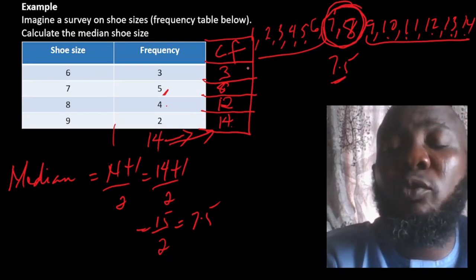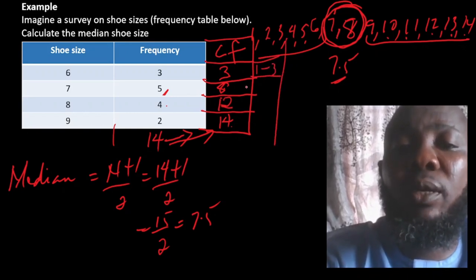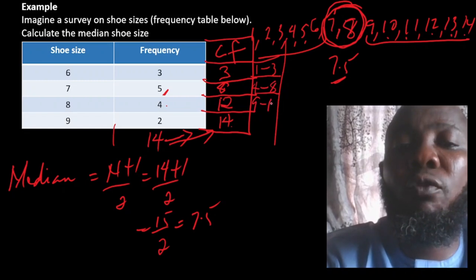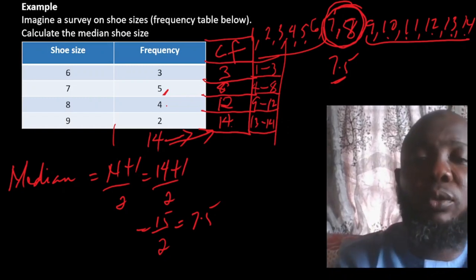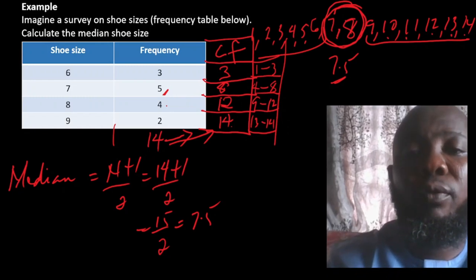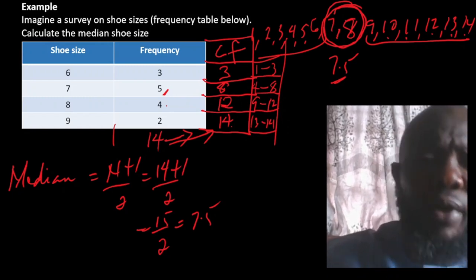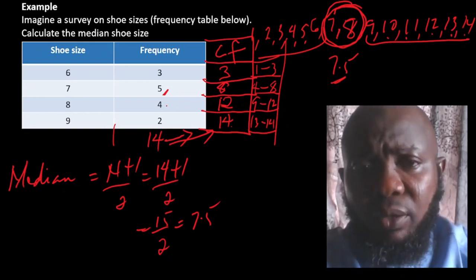The meaning of cumulative frequency here is that this one is telling us that the first to the third value falls here, while the 4th to 8th value falls here, then the 9th to 12th value falls here, then the 13th to 14th falls here. It's just showing us the position of the values.